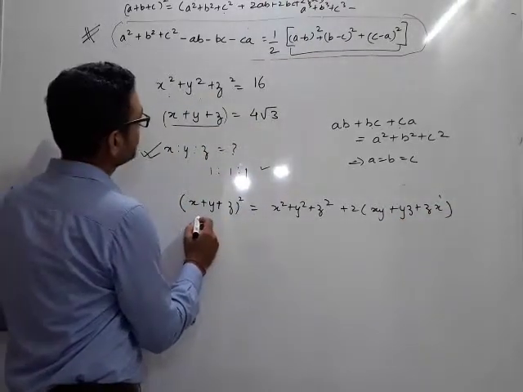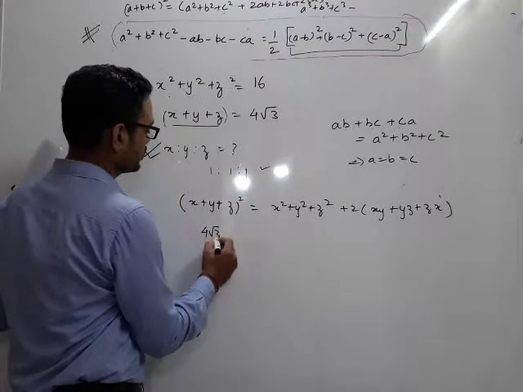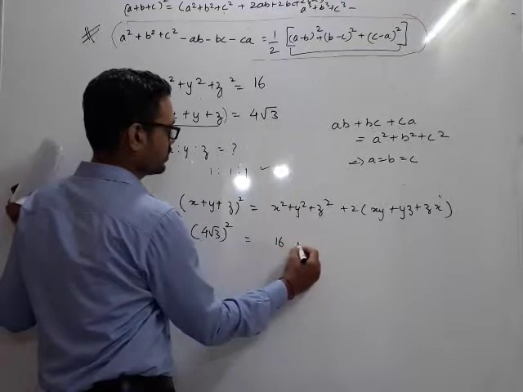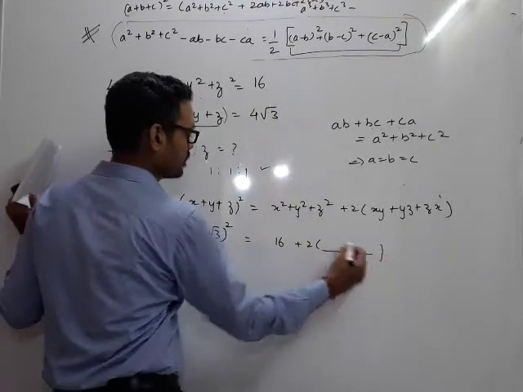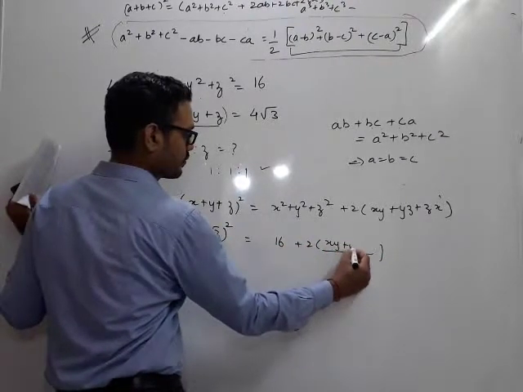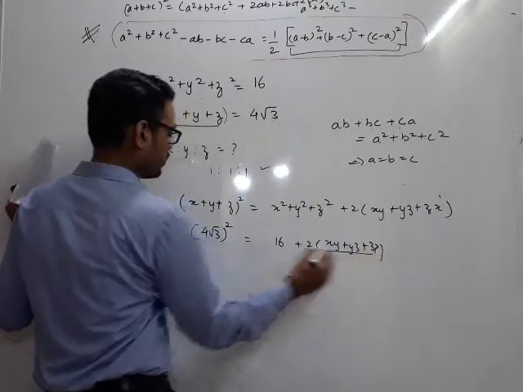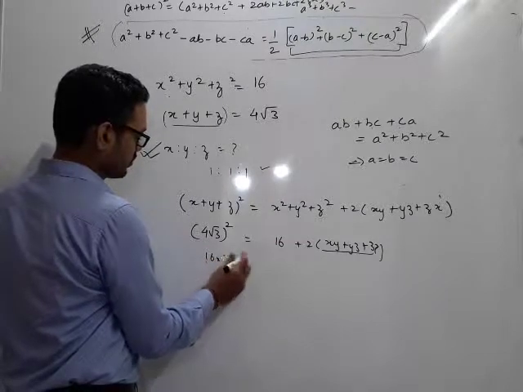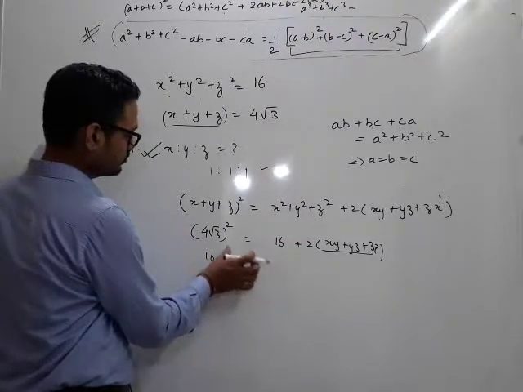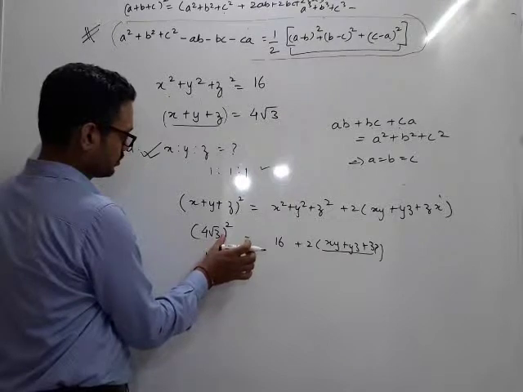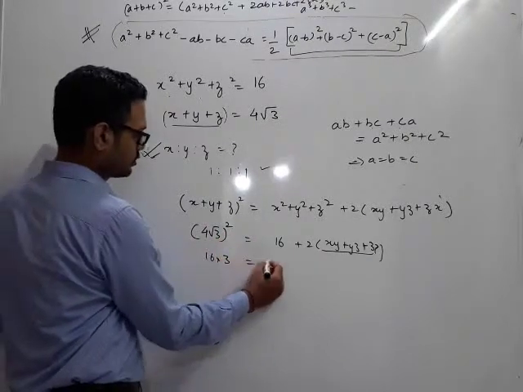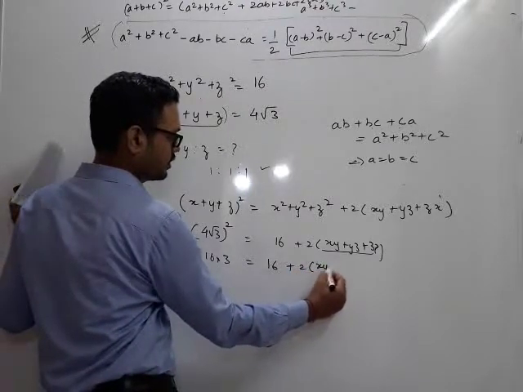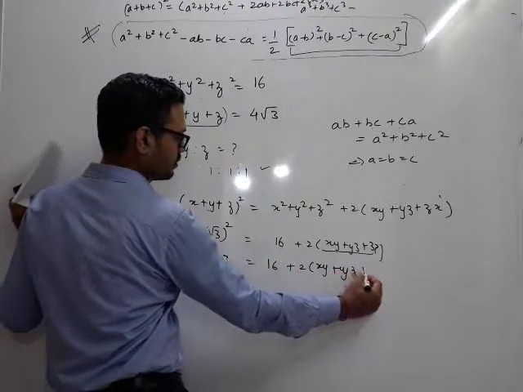So x plus y plus z is 4 root 3 square, x square plus y square plus z square is 16, plus twice into this. So it's nothing else but 4 4s are 16 into 3, is equal to 16 plus twice of xy plus yz plus zx.